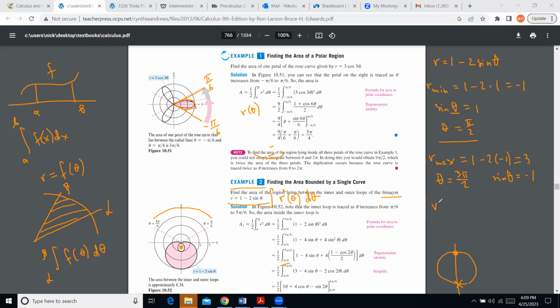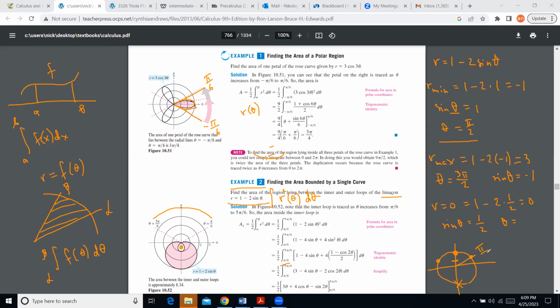And finally, 0, that happens when we have 1 minus 2 times 1/2, right? So sine has to be equal to 1/2. And when sine is equal to 1/2, well, 1/2 on the y-axis is for these two angles, and theta then will be pi over 6, right?